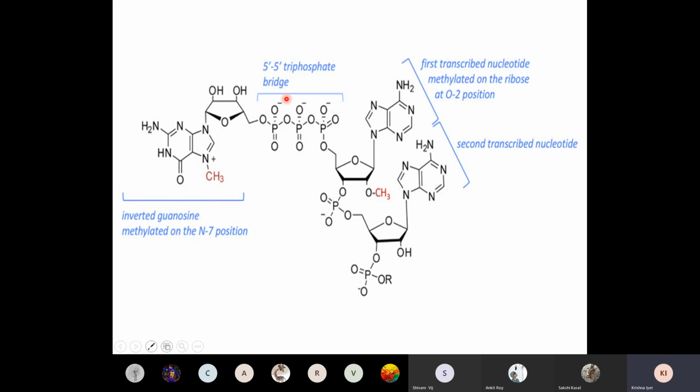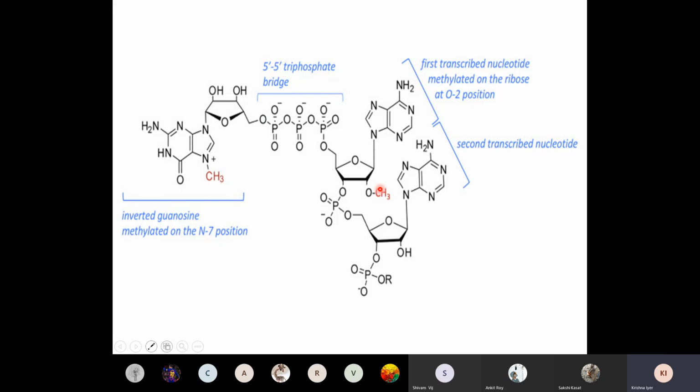The other thing I wanted to note is that not only is this methyl group used to methylate the nitrogen of this cap, which is a guanine, the first 1 or 2 bases of the RNA are also sometimes methylated. So this is part of what is called the 5' end modification, which some people just call 5' end capping.